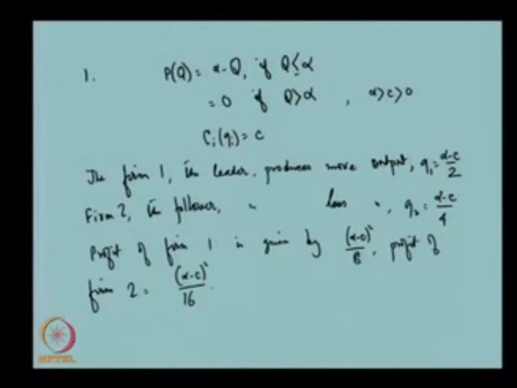And the reason why this is happening, why there are differences in output level and profit level, is the following: here firm 1 is sitting and deciding q1, and then firm 2 is deciding q2, and after q1 and q2 are decided, we are getting this pi 1 and pi 2.